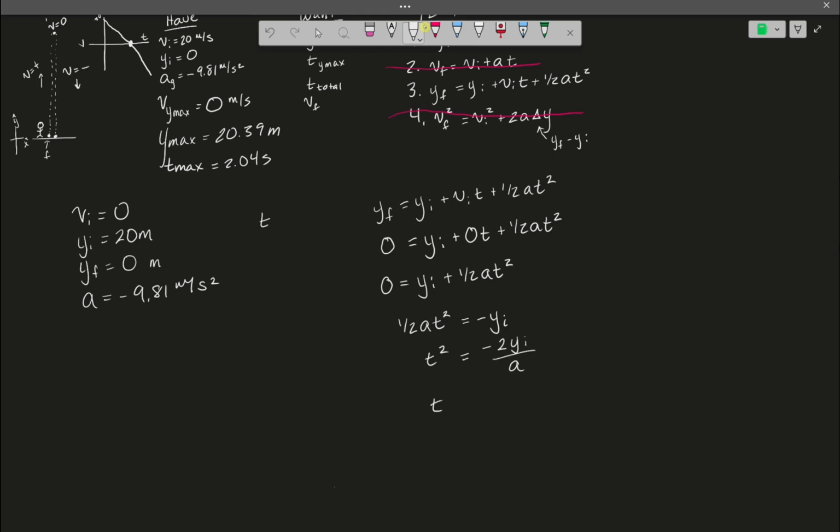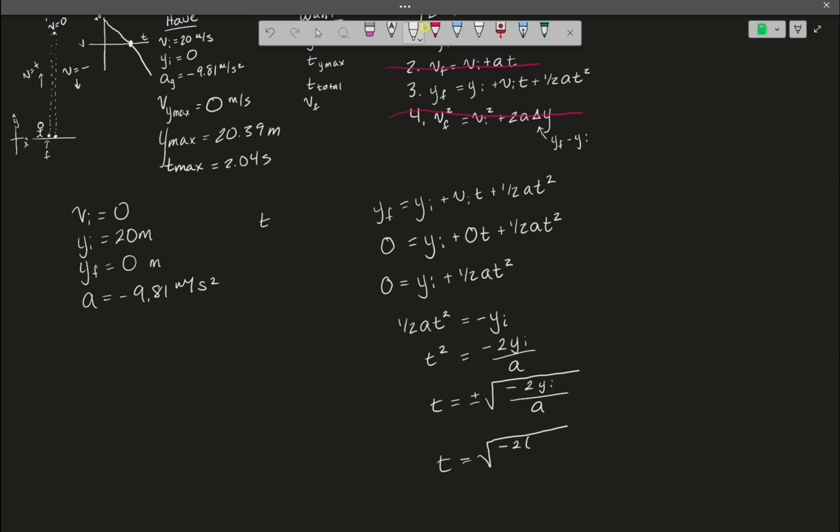The next thing that I need to remember is that whenever I take the square root, it has to be plus or minus the square root, right? Because the positive or the negative solution in most situations is a valid answer. Either one could be possible. Except for with time, it's not possible for us to have a negative time, so it's easy for us to determine that this should be the positive.